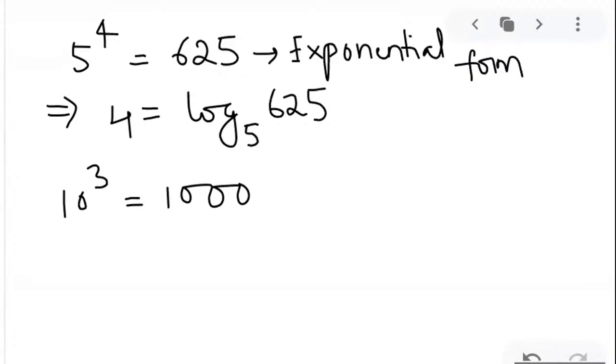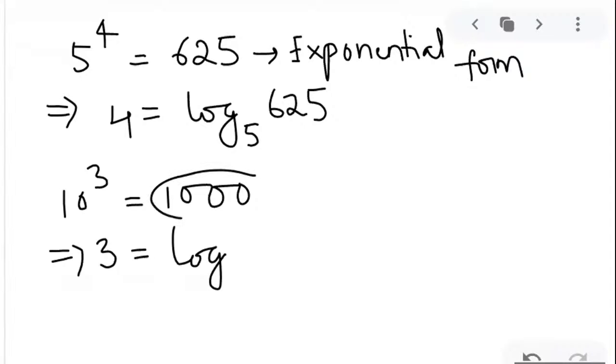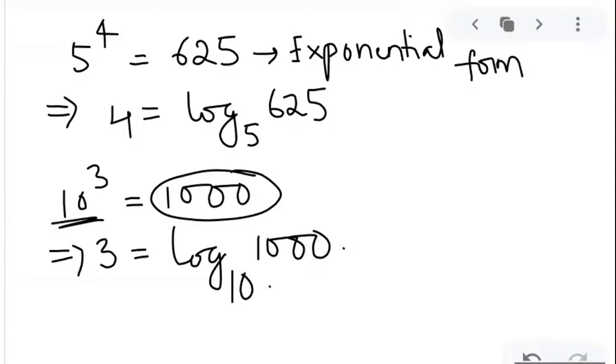Nandini. Three is equal to log 1000 to the base 10. 1000 will come first. The base here will always be the base here.